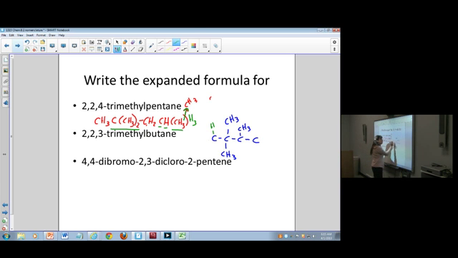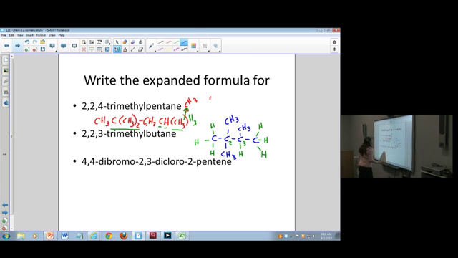This will have to have 1, 2, 3. Carbon 2 already has 4 bonds. I don't need to do anything to it. Carbon 3 needs 1 hydrogen, and then carbon 4 needs 3 hydrogens to fulfill the octet rule.